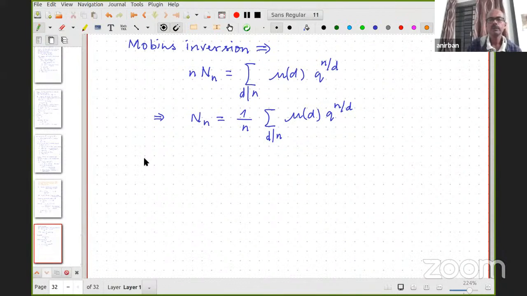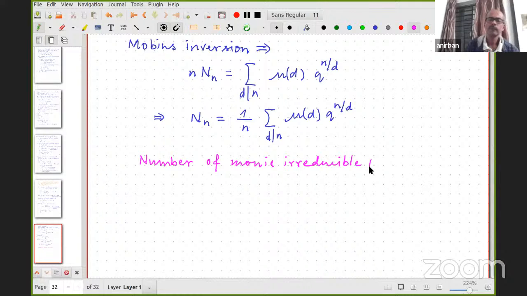So what we have proved is that the number of monic irreducible polynomials of degree n is equal to 1 over n, then this divisor sum of mu d q to the n over d.